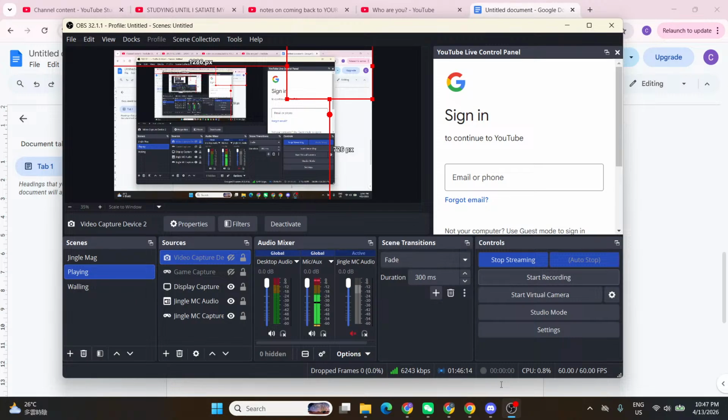Does this mic work? I believe it works. So I just had to reset it. Alright, I think we just had to wake the mic up just like that.